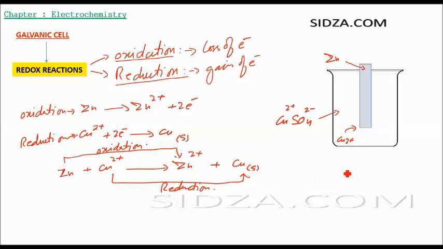Both reactions occur in the same vessel, and that is called a direct redox reaction.